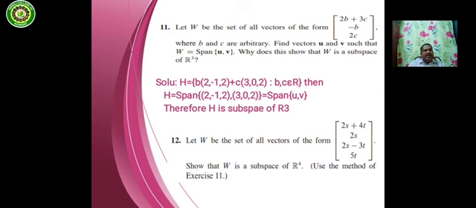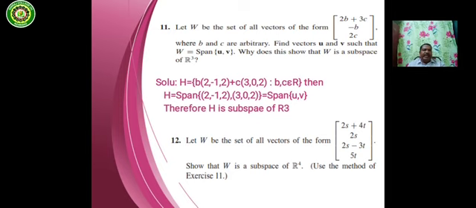Next plus c into: in the first row the c coefficient is 3, in the second row c is not there, so we write 0, and in the third row the c coefficient is 2. So b into (2, -1, 0) plus c into (3, 0, 2). So we say that this is equal to span of (2, -1, 0), (3, 0, 2).